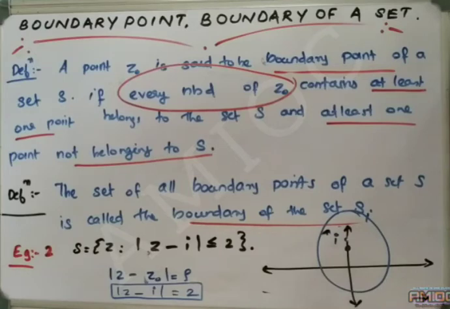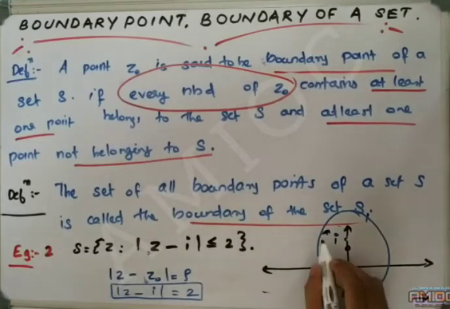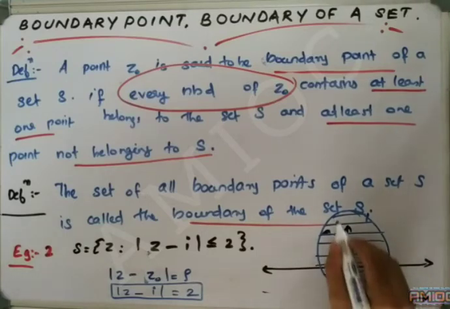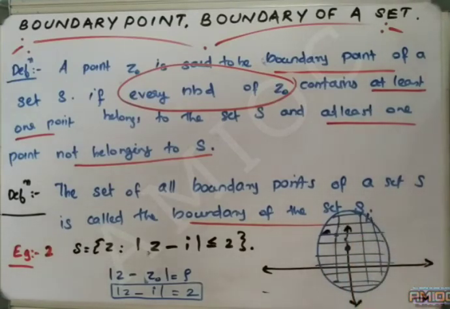Therefore, we will have all the points inside this set. All the points inside this circle centered at i with radius 2 belong to the given set S.